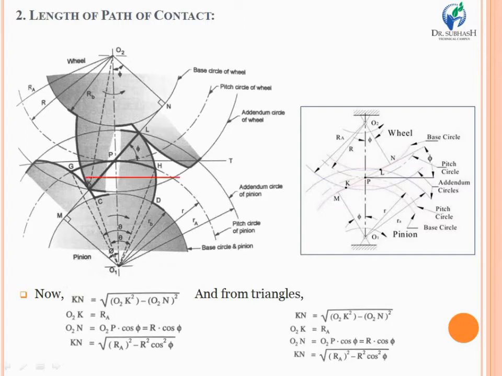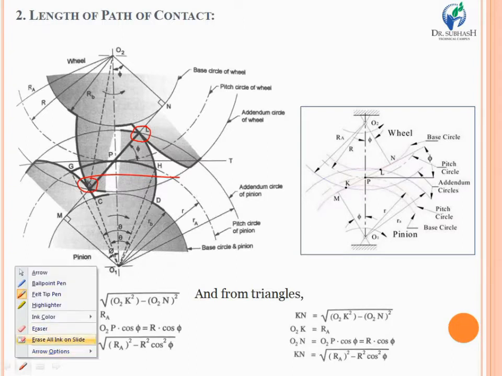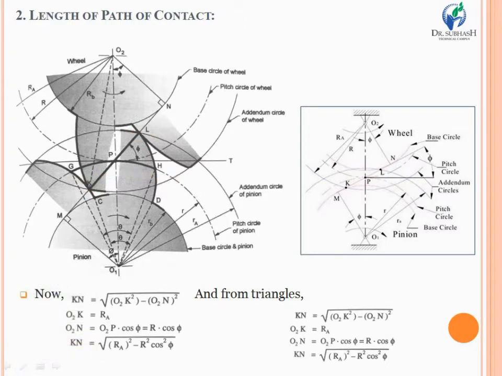So point K is the beginning of the contact of both of the teeth, and L is the point at which disengagement begins. So K and L are the beginning and ending contact points for these two gears.